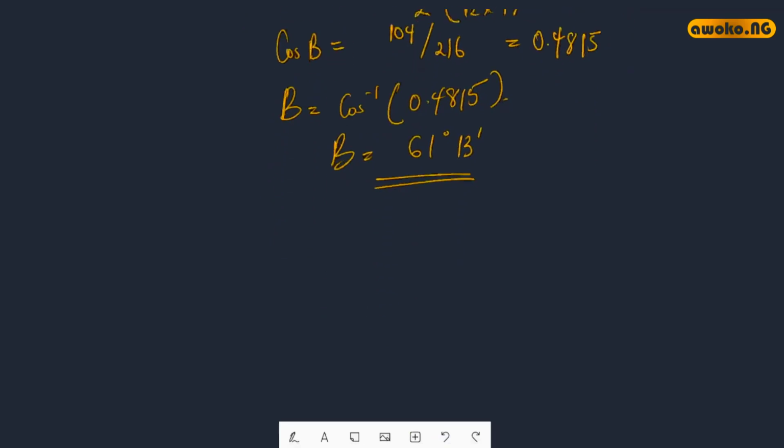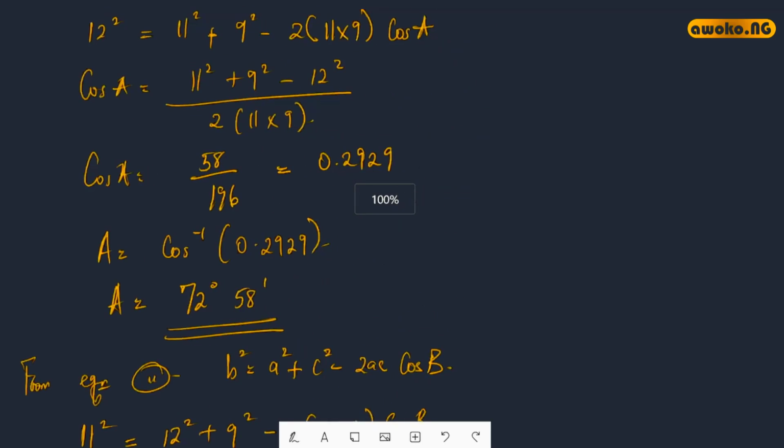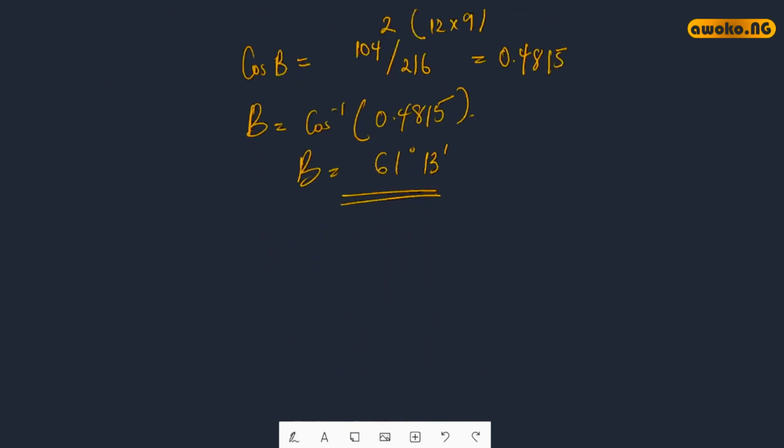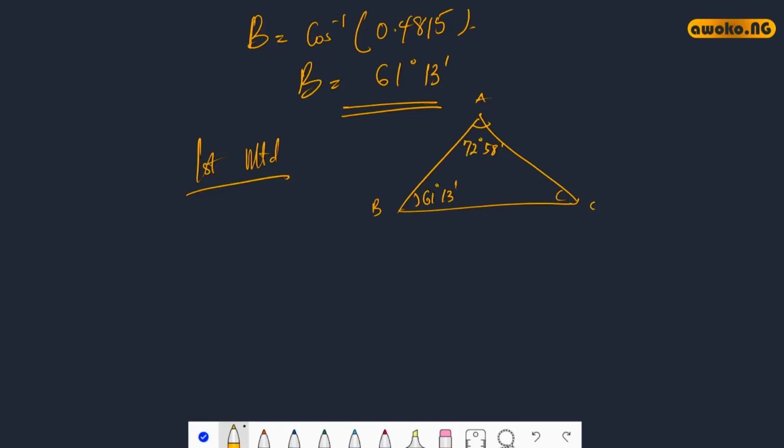Then we can solve for C in two ways. The first method is a very simple method. Remember, our triangle looks like this. Let's call this our A, let's call this B, and let's call this C. So we have A to be 72 degrees 58 minutes, then we have B to be 61 degrees 13 minutes.